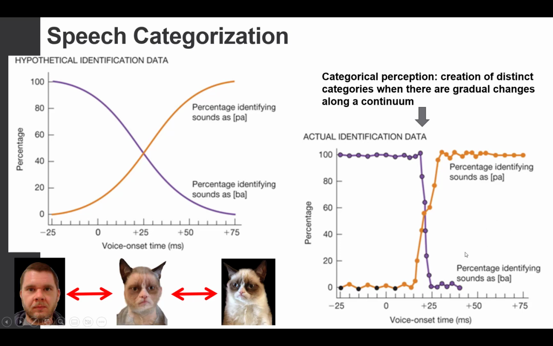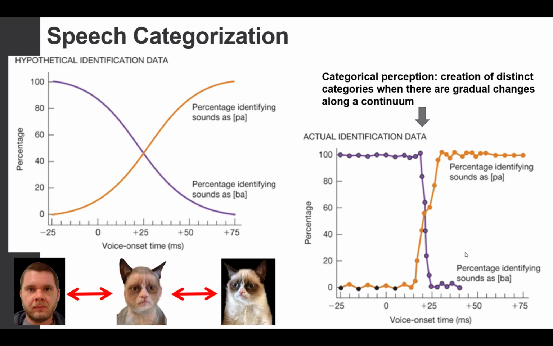So, when it comes to categorical perception, this does happen, but it's not always common, right? As we showed with the Dr. Miller or Grumpy Cat, typically when we ask people to identify between a spectrum of two things, there's this kind of smooth transition that occurs over time. However, in categorical perception, there's not this smooth transition.